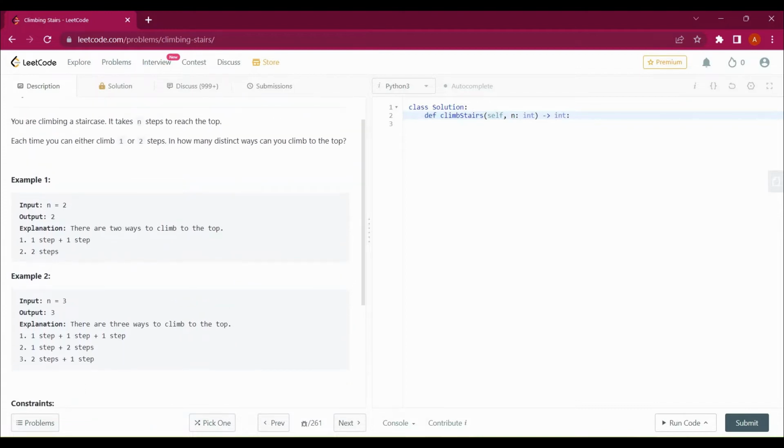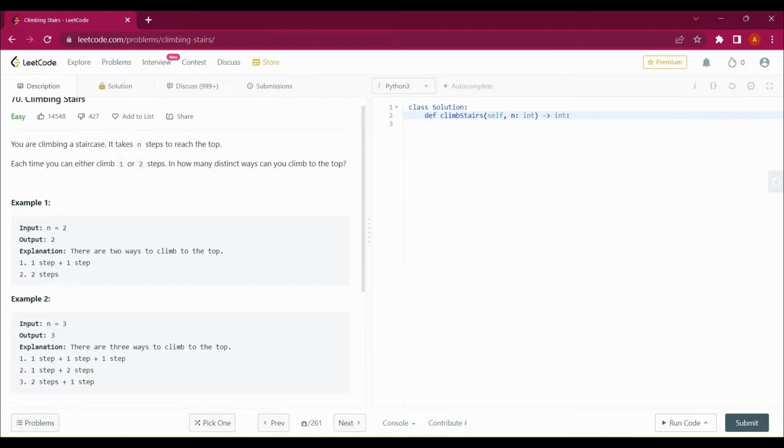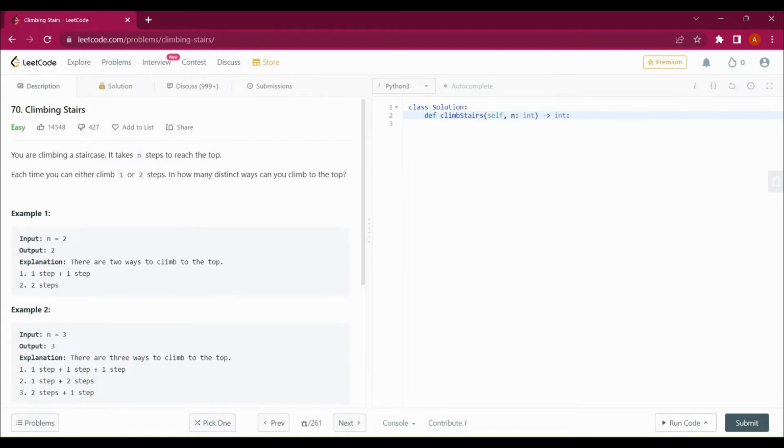Now, if we see here, the question says that we are climbing a stair, and we have to give the output of how many ways we can climb the stair. So all the distinct ways you have to climb.